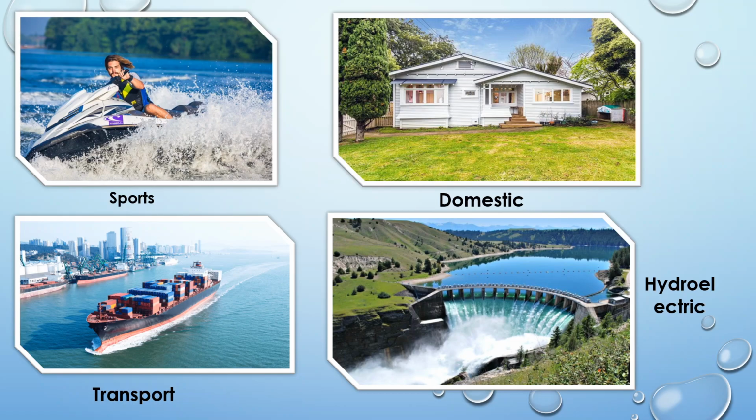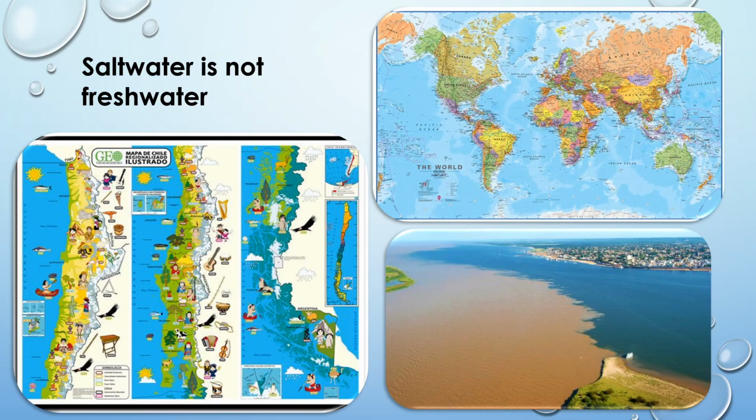But is all water the same? No. We can say that we have salt water and fresh water. If you look at the first picture, you are seeing a picture of the map of the planet. Yes, you can see a lot of blue, and that represents water, of course. But that's the ocean. Here you have a picture of Chile, a map. Chile is blessed because it has a long, long coast, so we have a lot of water.